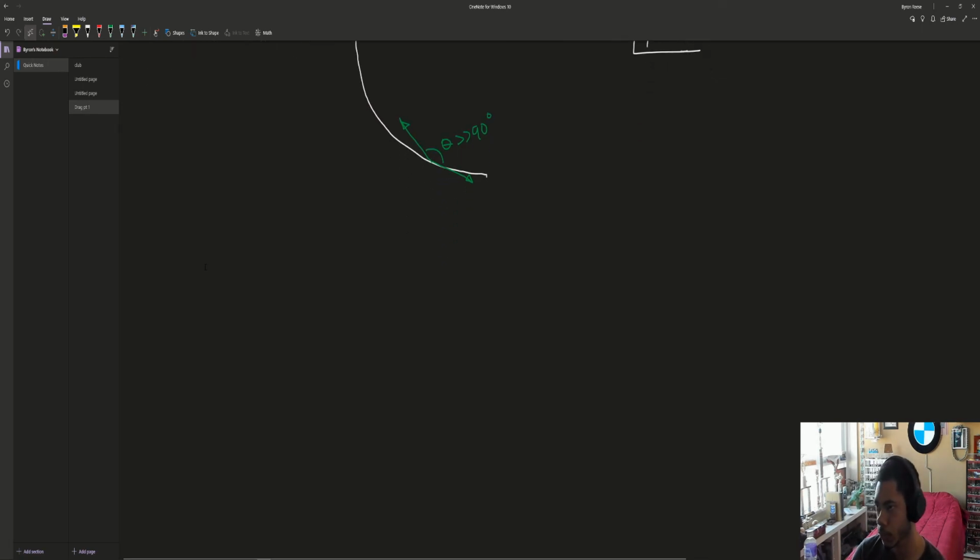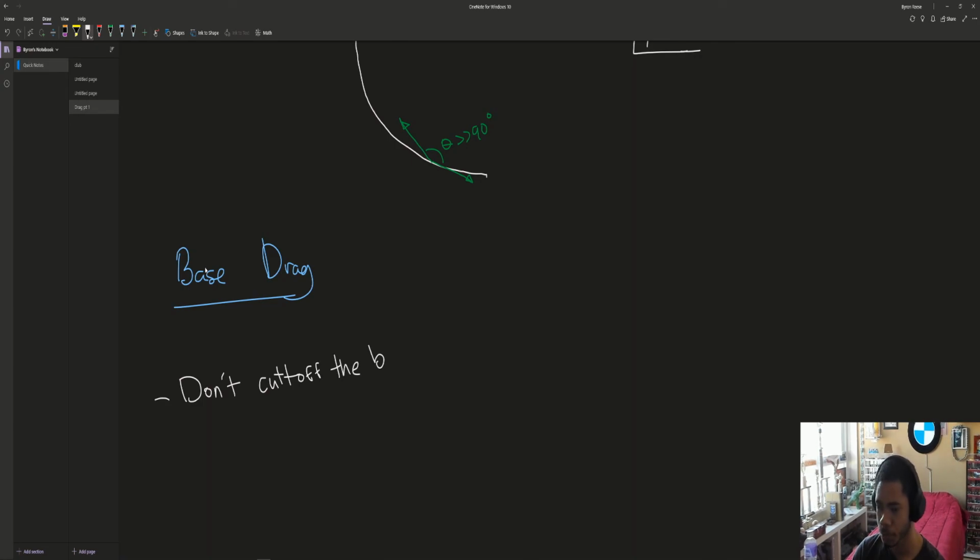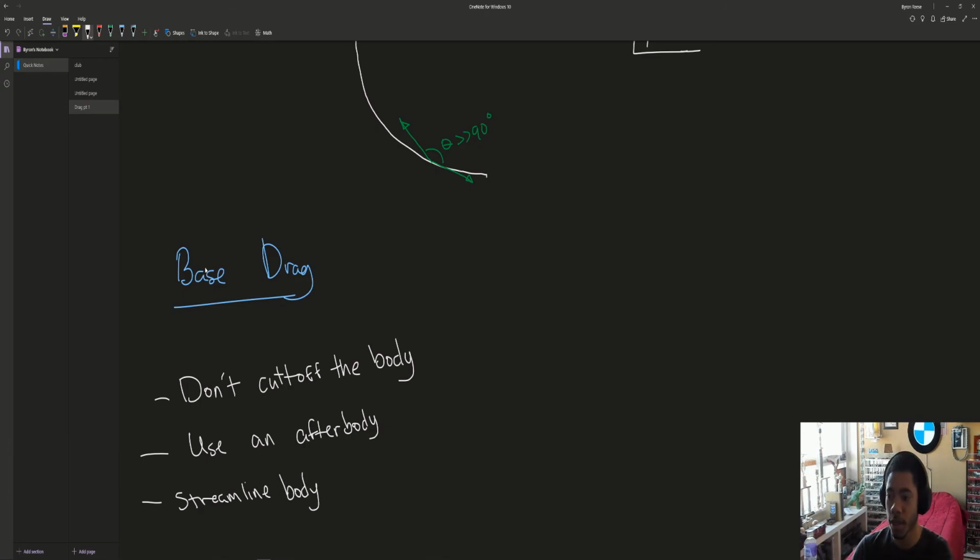Base drag. Don't cut off the body. Use an afterbody. Streamline the body. All of those will reduce base drag, or eliminate it completely.